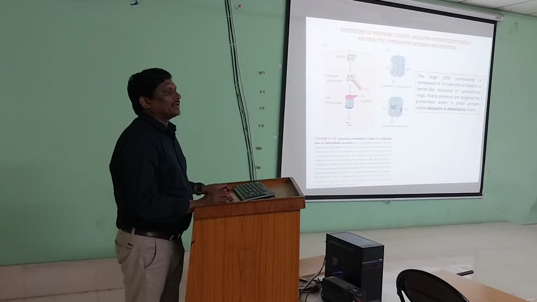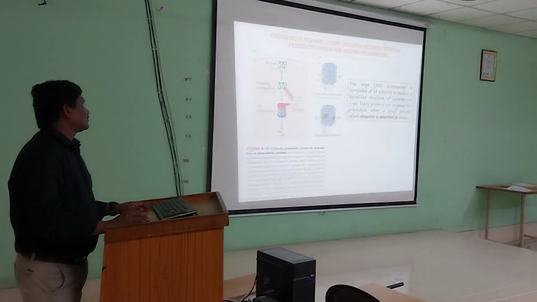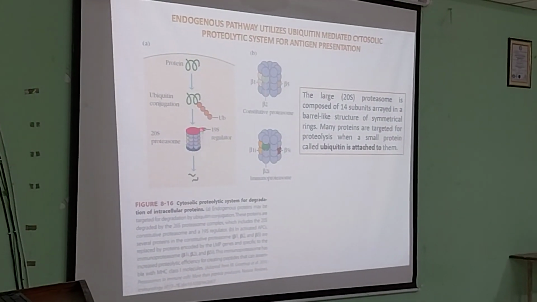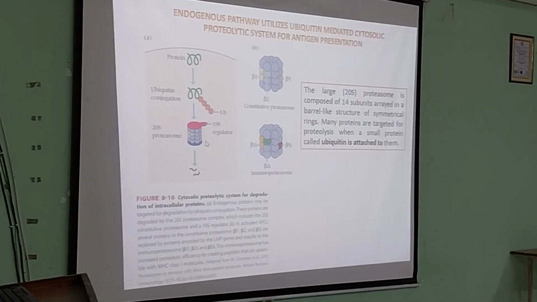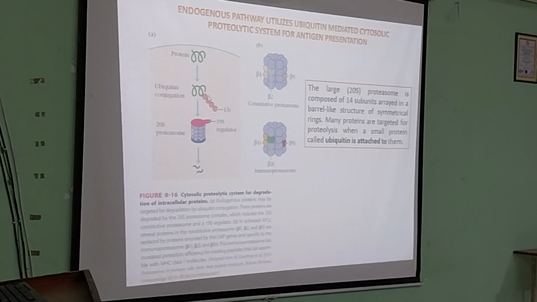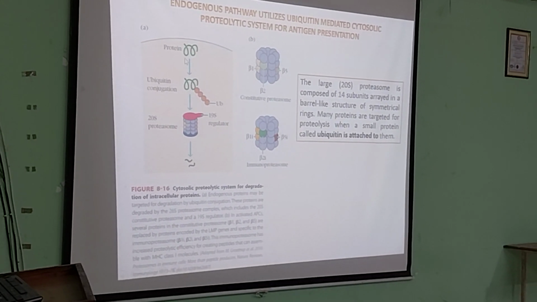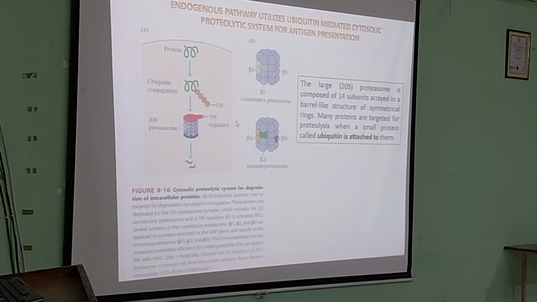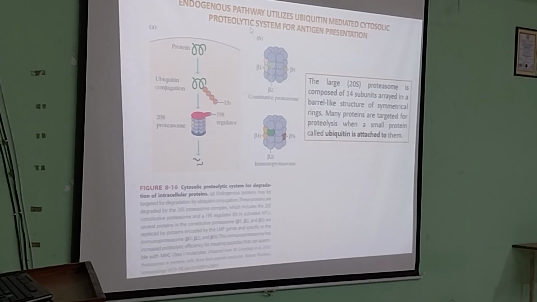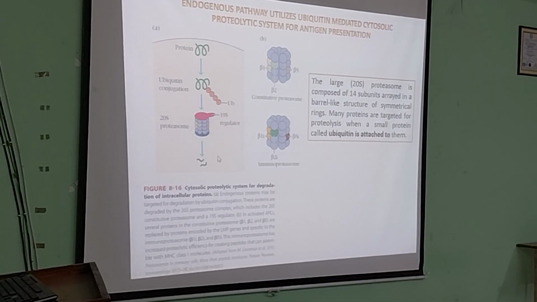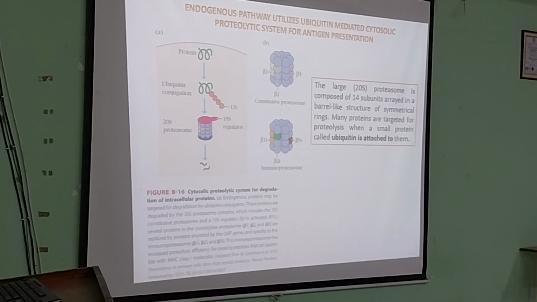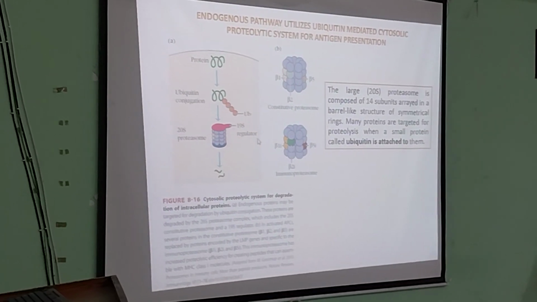That's a tag. When ubiquitin attaches to an abnormal protein, the proteasomal degradation system recognizes it, and as a result, it will degrade those proteins into smaller peptides. So this mechanism will be employed by the endogenous pathway to process peptides.